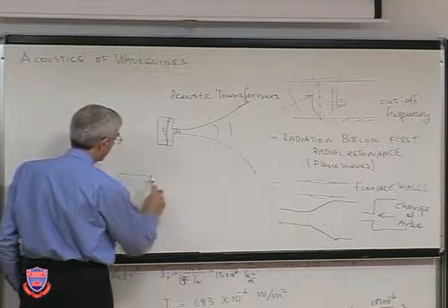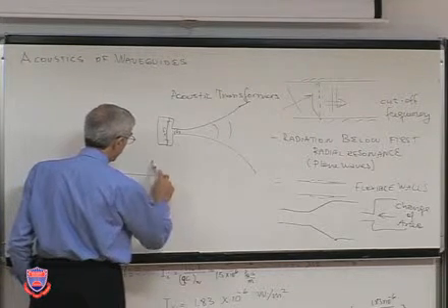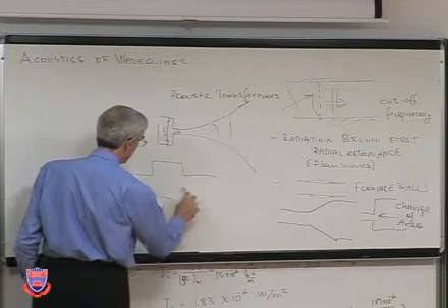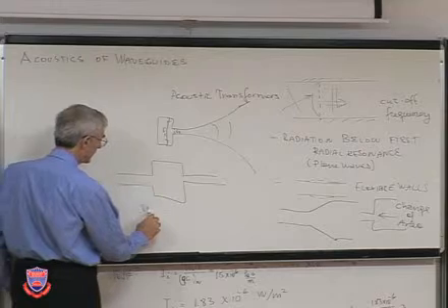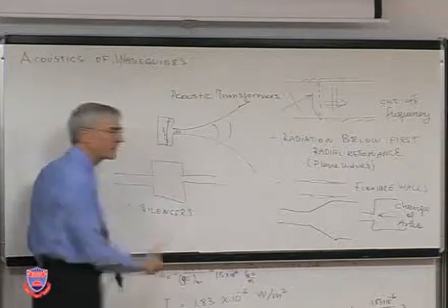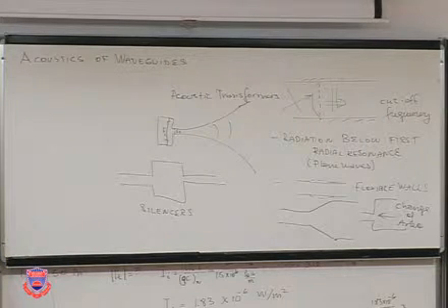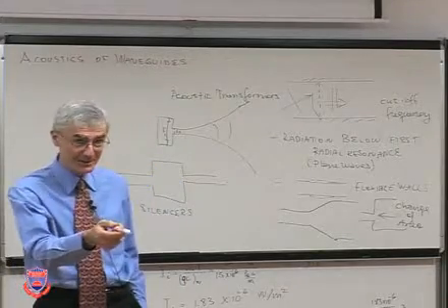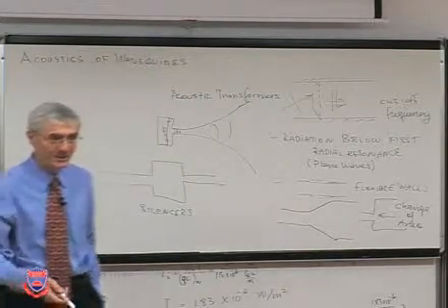And then you would have, let's say, in a pipe, you have silencers. Have you seen a silencer before? An acoustic silencer? No? Yes, you have. Yes, mufflers in the car.